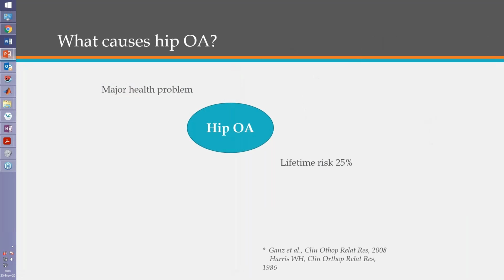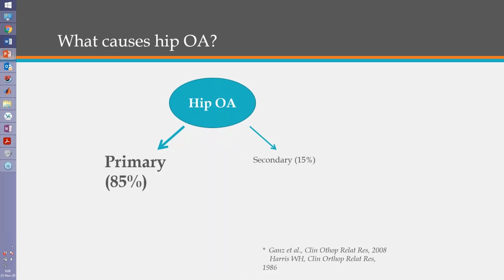Hip osteoarthritis used to be something that was a little bit of an enigma. The real causes for hip osteoarthritis, such as clear dysplasia, trauma, childhood diseases, inflammatory disease, are only 50% of all the cases of hip osteoarthritis. So it used to be a lot of primary cases, but we know now with the past 20-30 years that most of these primary cases are actually attributed to femoral acetabular impingement.